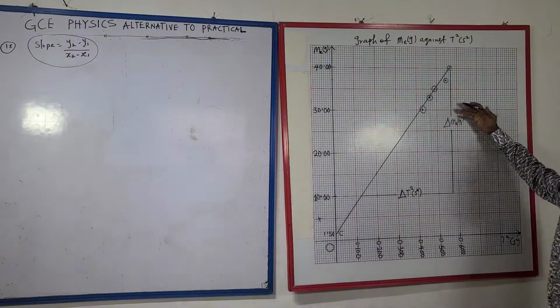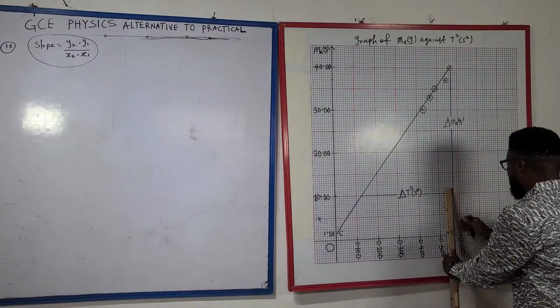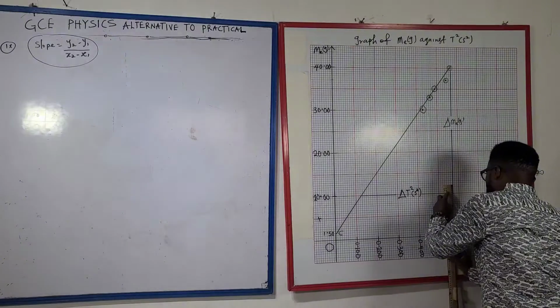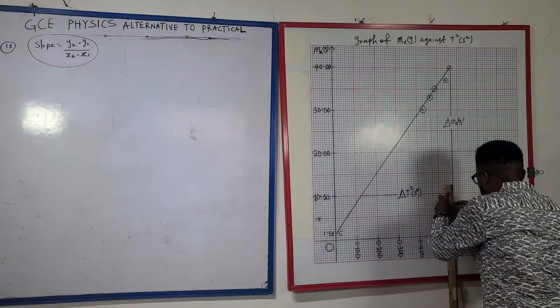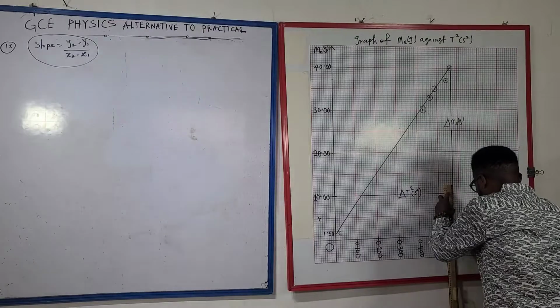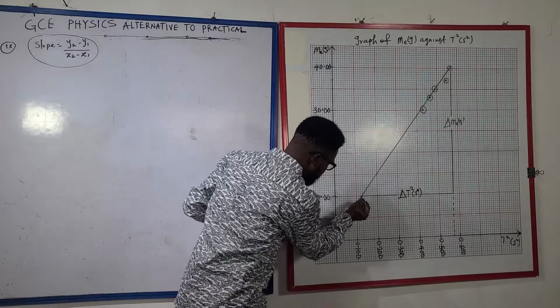So now that I have this, I am going to, via extrapolated line, try to get those figures on the horizontal and vertical axis, so that it's easier for me.